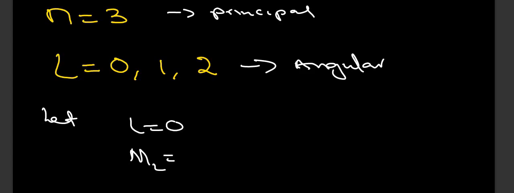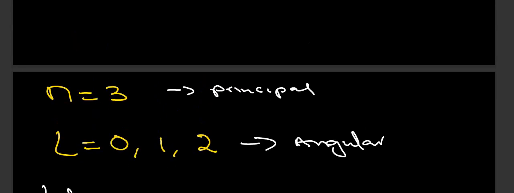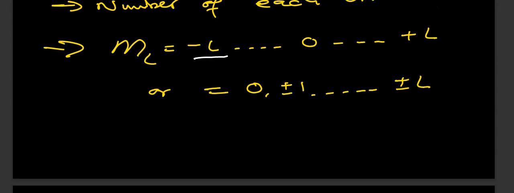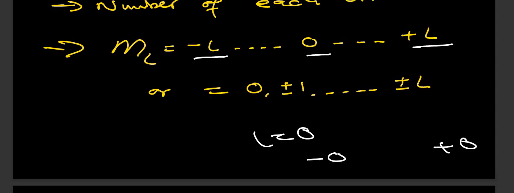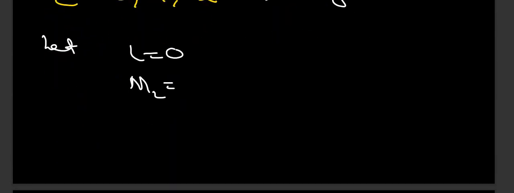Remember the notation of ML: from negative L, we put 0, then we go to positive L. Now we're only given L to be 0, so we cannot go from negative 0 to positive 0. This whole thing will just give us ML equal to 0. So when L is 0, ML is also 0.